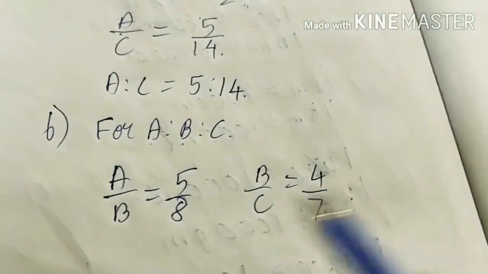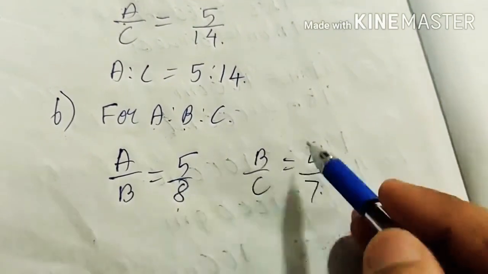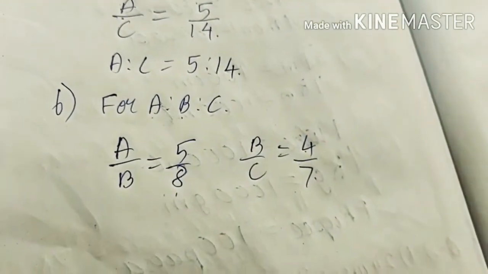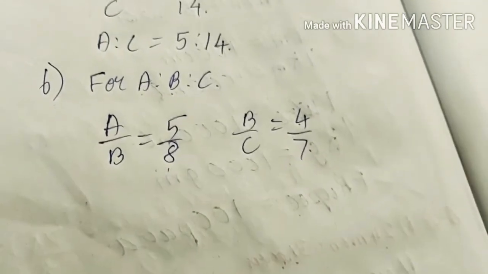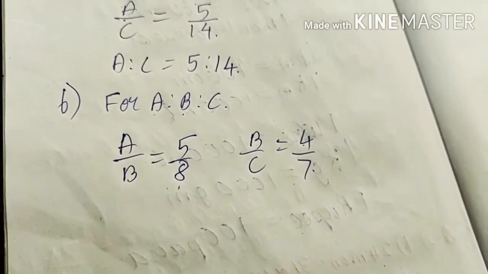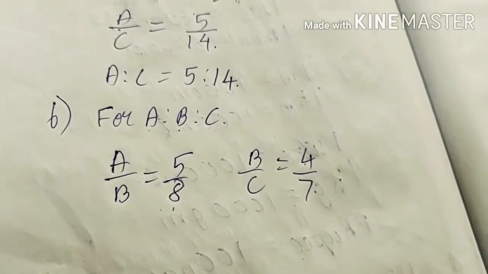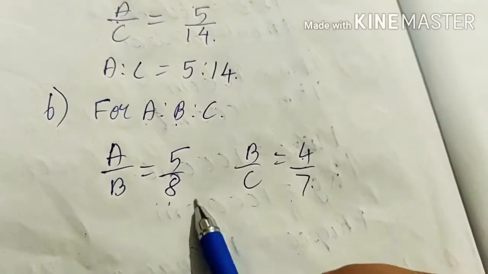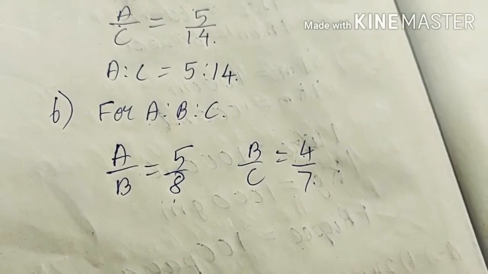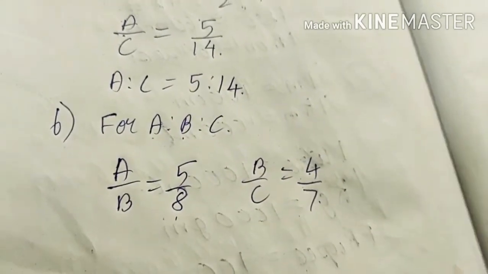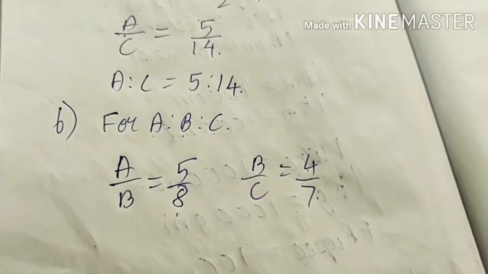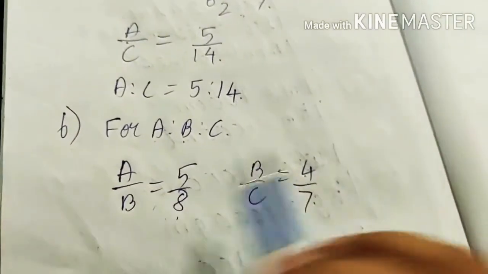If you have the values of B equal in both the ratios, then you can directly compare the ratios and write the ratio directly. So the basic thing is that you make the value of B equal in both the ratios.